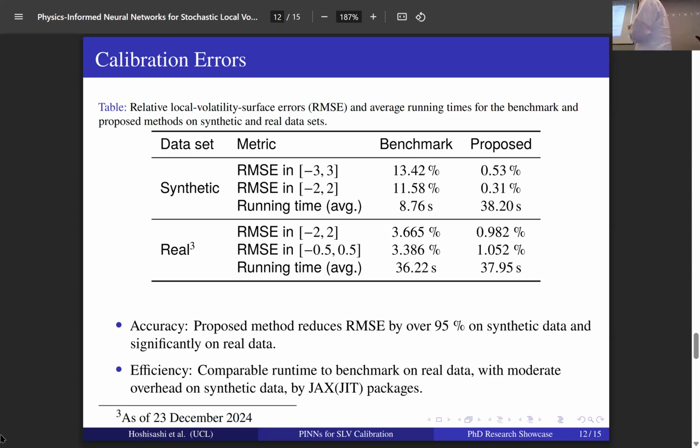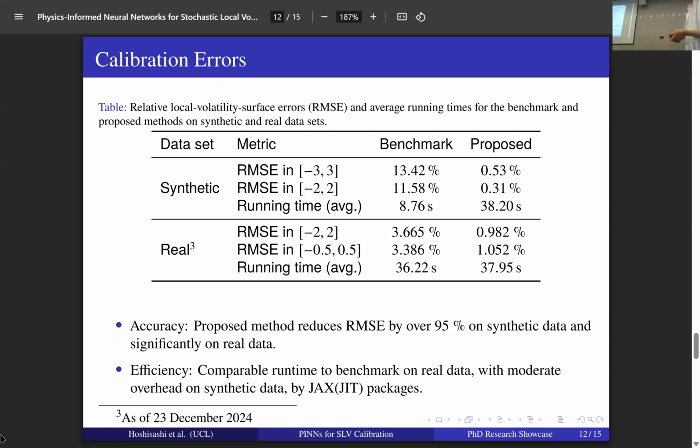This is the calibration errors for the accuracy, and on the synthetic data, our proposed method reduces the RMSE by over 95%, and also reduces it in some cases for the real market data as well.